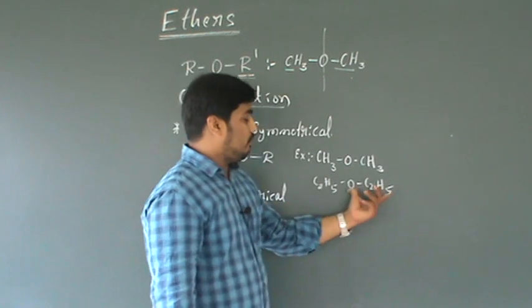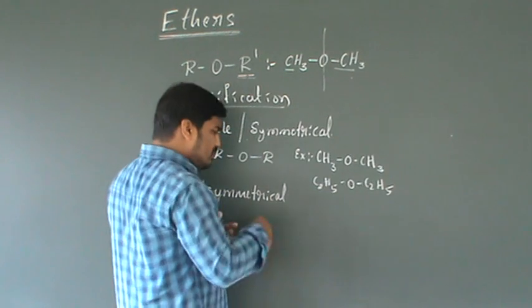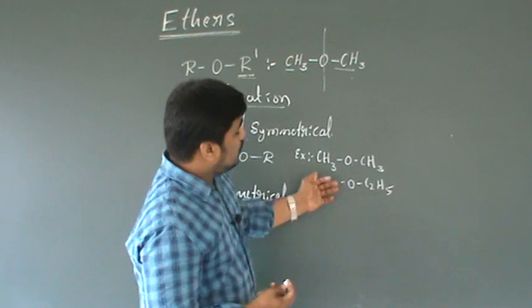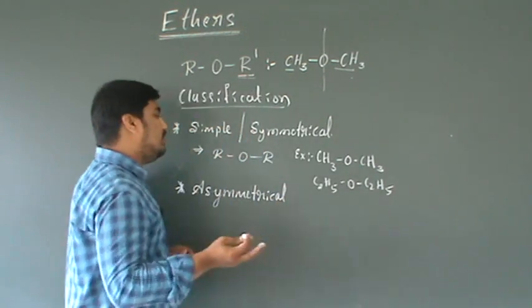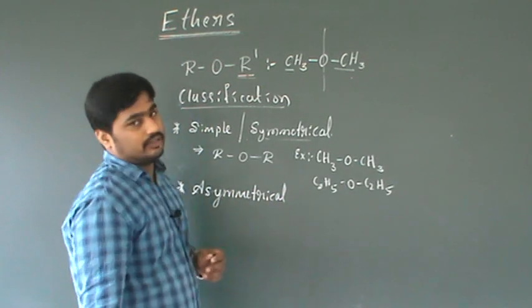The same type of alkyl group is attached on the other side. You can take any alkyl group on the other side of the oxygen; then it is considered a symmetrical or simple ether.